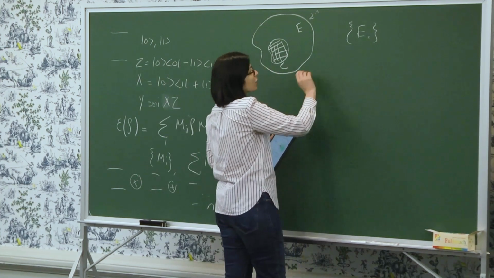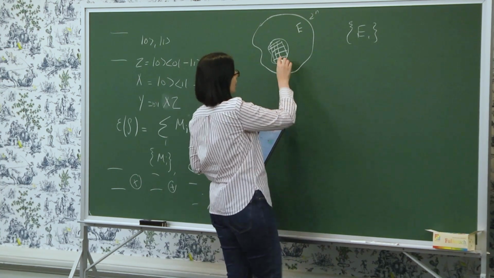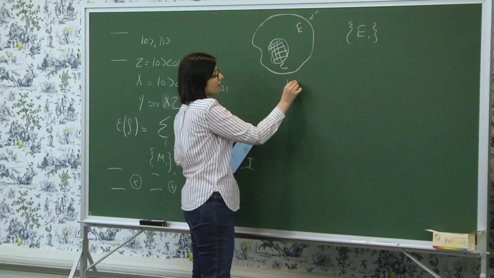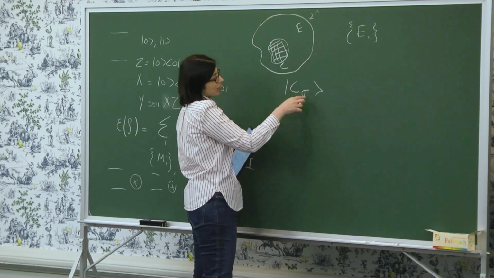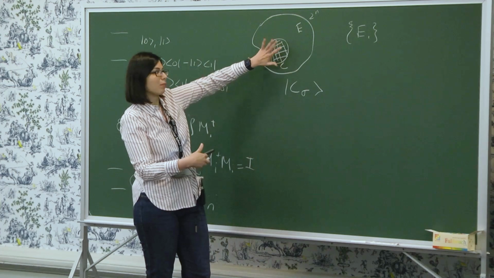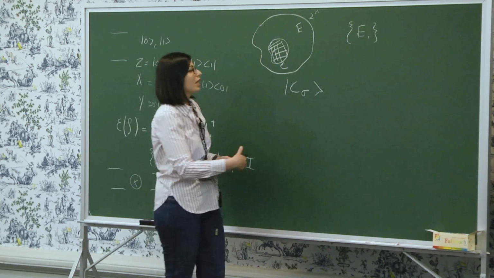Okay, so suppose the states in the code space, I'm going to write as C sigma. This sigma is related to how many states you're protecting here.